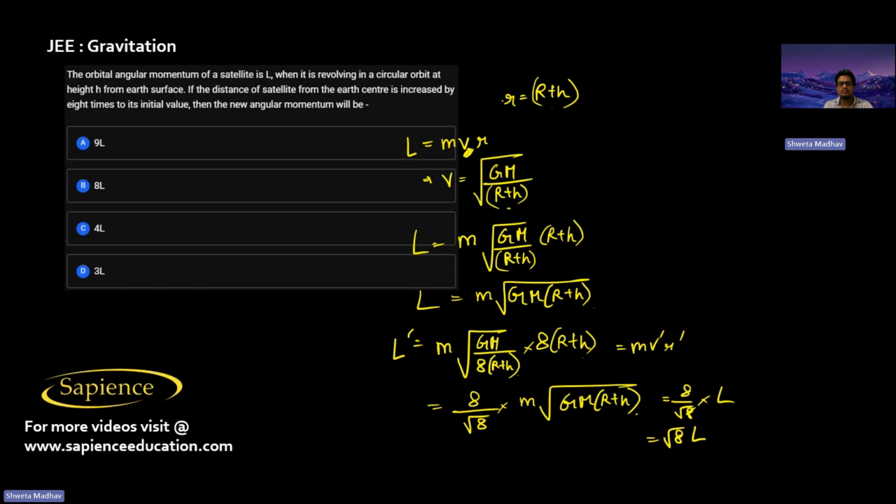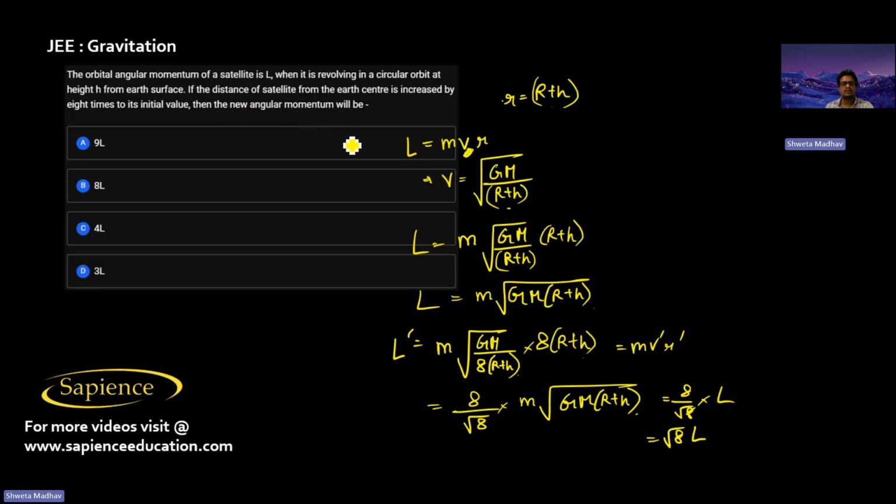New angular momentum. The distance of the satellite is increased by 8 times the initial value.